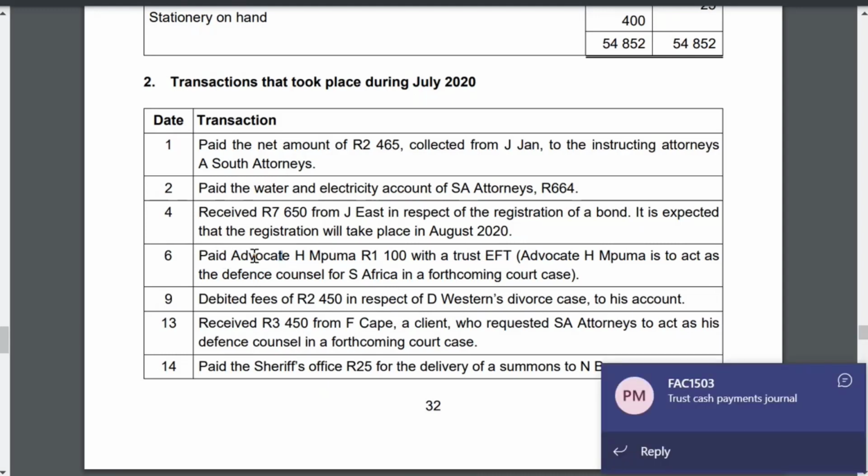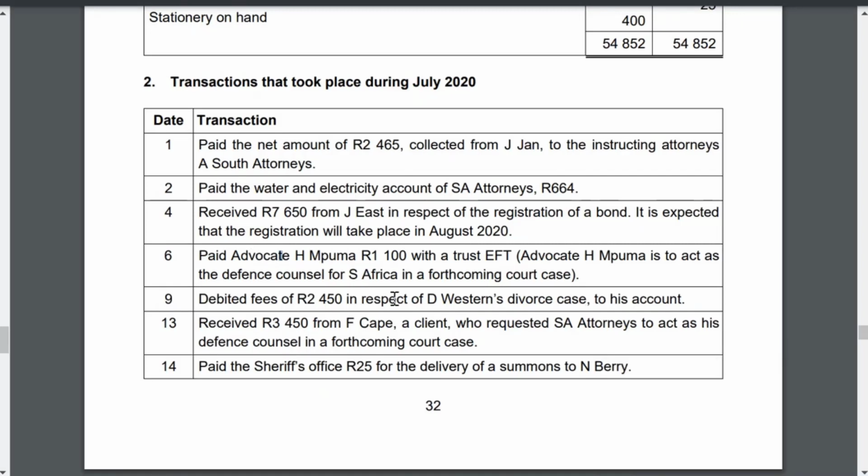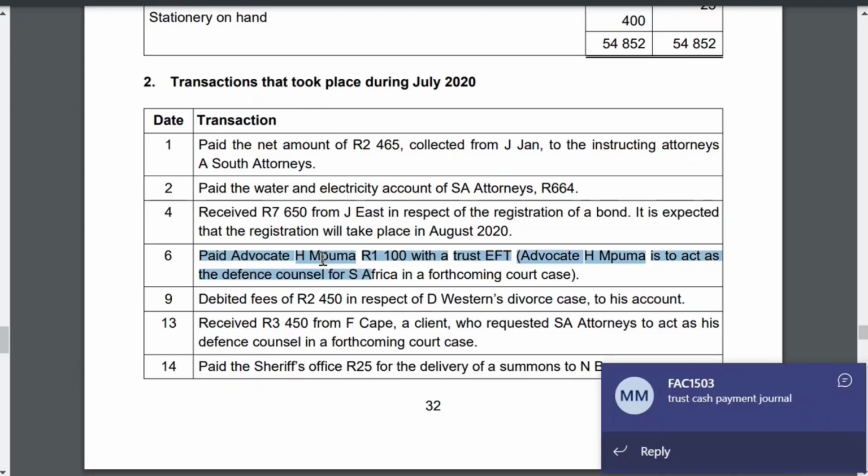Palisa is saying trust cash payment journal. Tepiso is saying trust cash payment journal. So guys, number 6 is... Myla is saying trust cash payment journal.